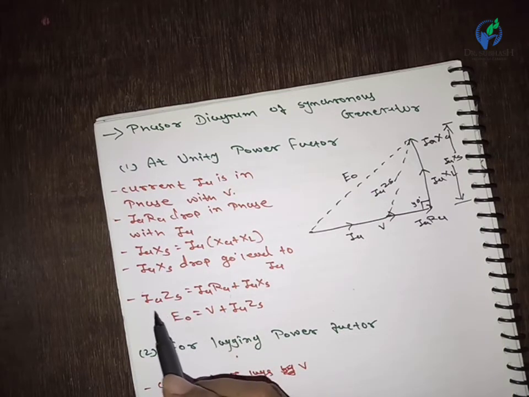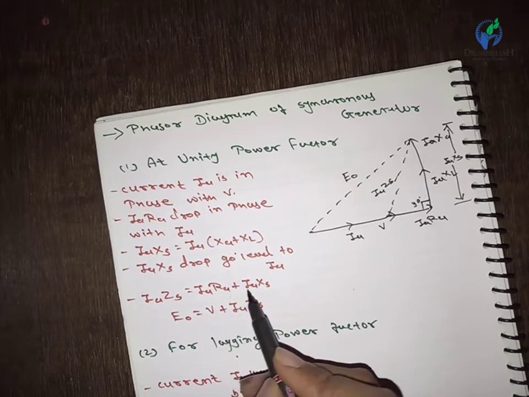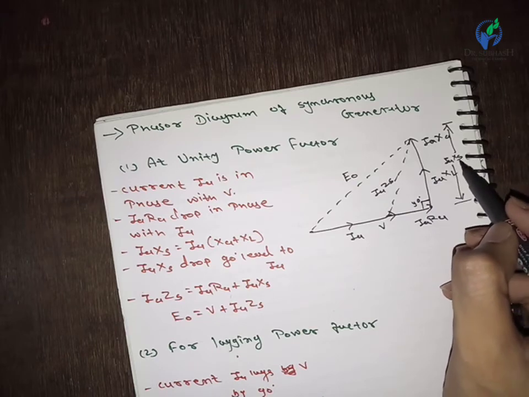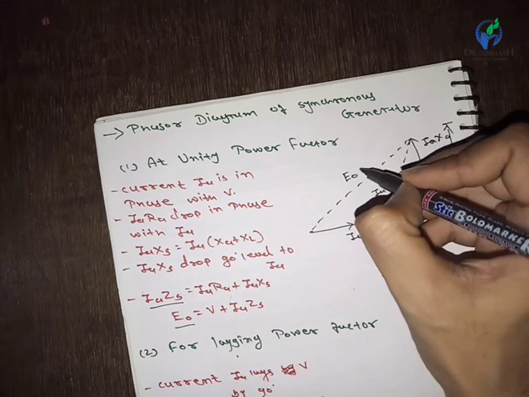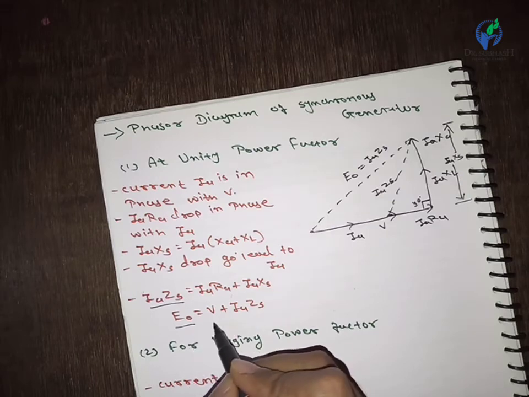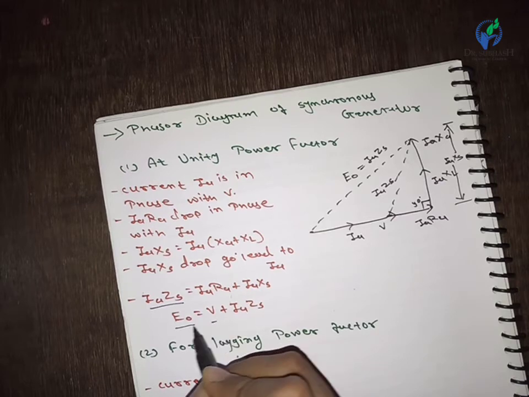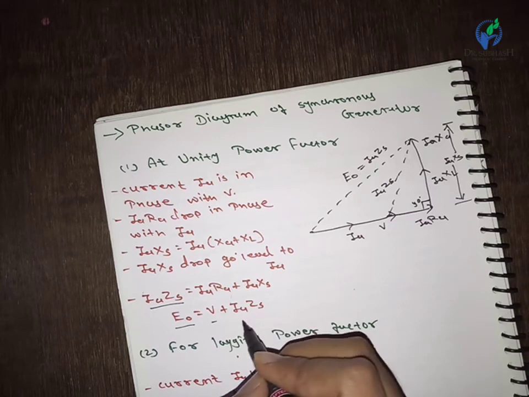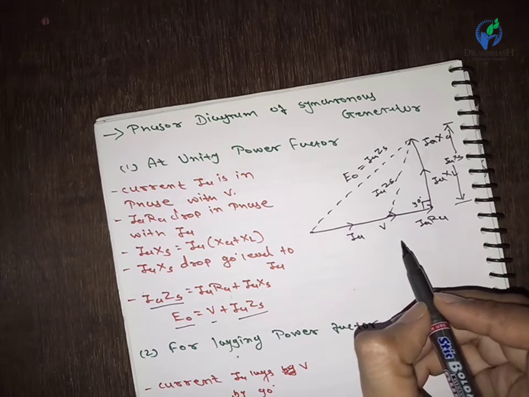So we write Ia into Zs is equal to Ia into Ra plus Ia into Xs. So E0 is equal to V plus Ia into Zs. This is the phasor diagram for a unity power factor.